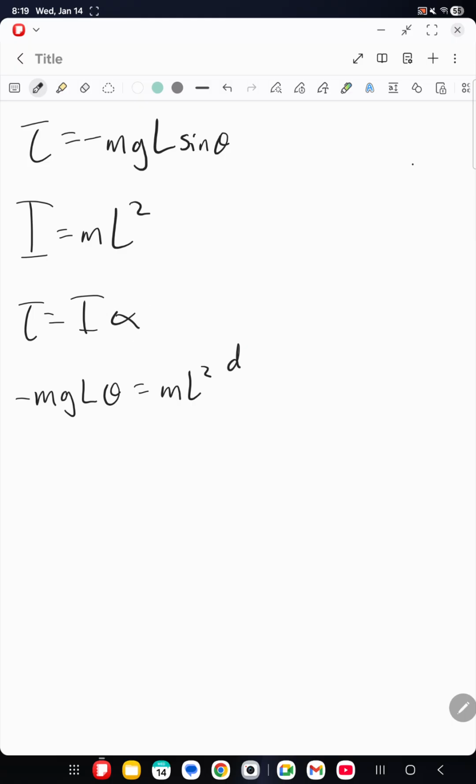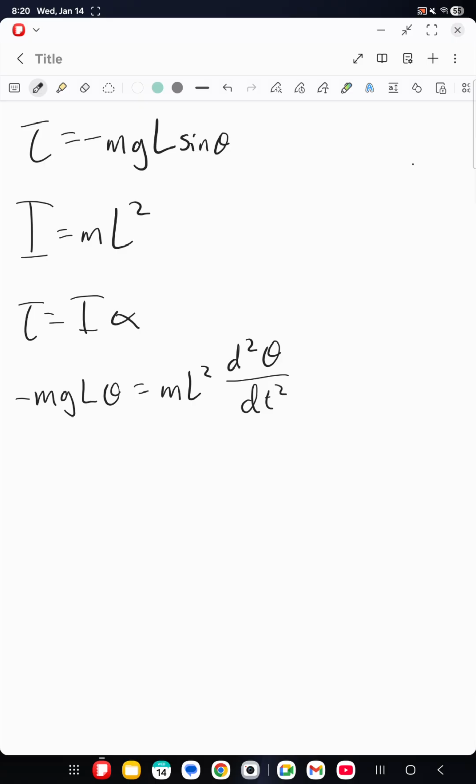Just like before, acceleration we could write as a double derivative of the linear displacement, but here we have angular displacement, so we can write this as the second derivative of angular displacement.